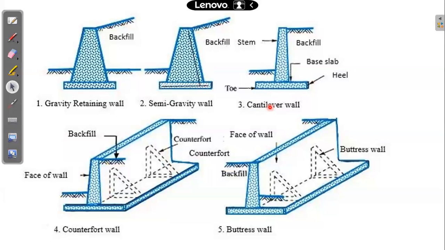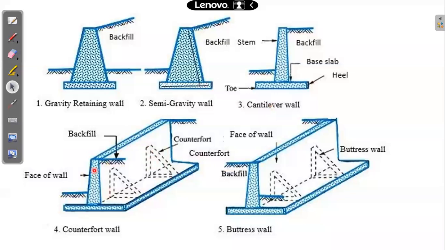Now one more type we have is the counterfort type of retaining wall. In this picture, this is a counterfort type of retaining wall. The difference you find is that there will be intermediate supports. This is the stem, or the vertical wall, and this is the base slab.